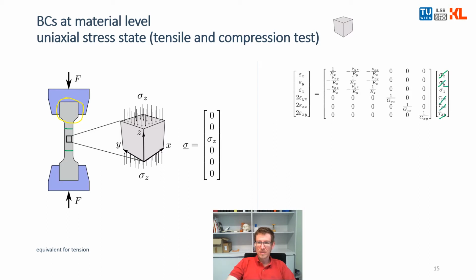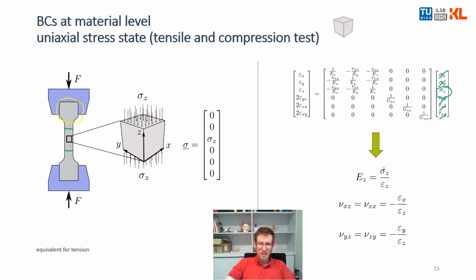Everything is 0 except this value. And when you do the maths here, the situation gets simplified. You get 3 equations for 3 unknowns, and all the other things can be measured physically with sensors in your testing machine. So let's check what we can measure.